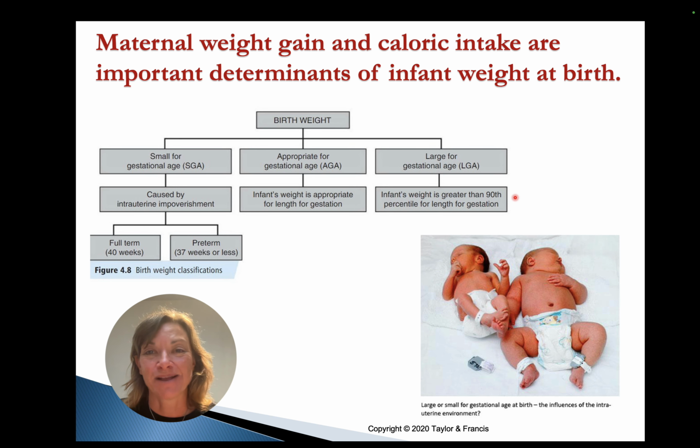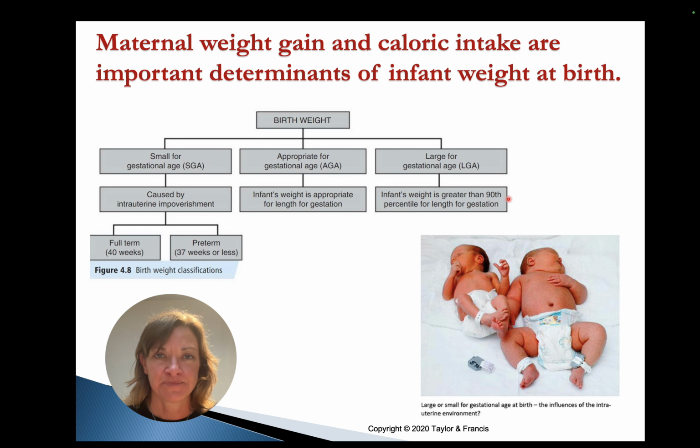On the other end of the scale, we have large for gestational age, or babies larger than expected at the time of birth. That confers its own sets of risk, and some of these risks are lifelong. For example, a baby that's born large for gestational age may have a persistently altered metabolism. This isn't always the case, but it could affect their metabolism through childhood and even into adulthood.